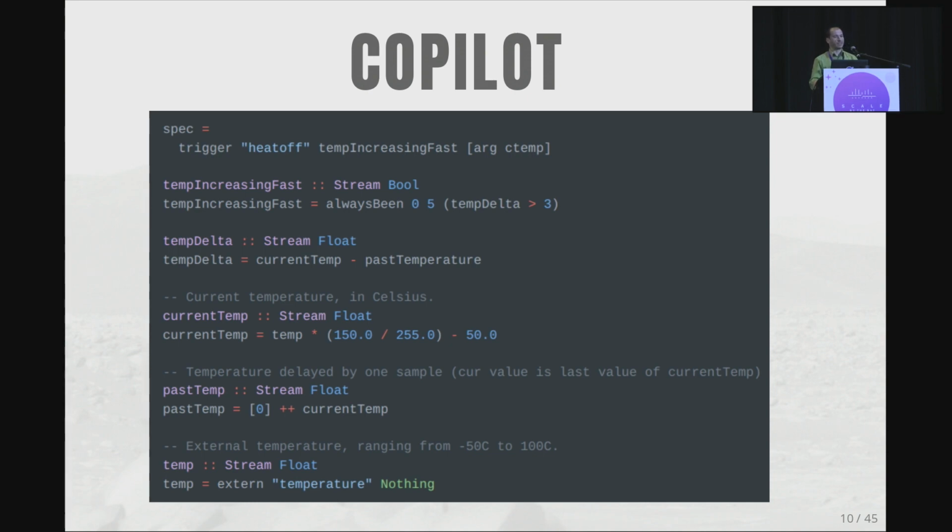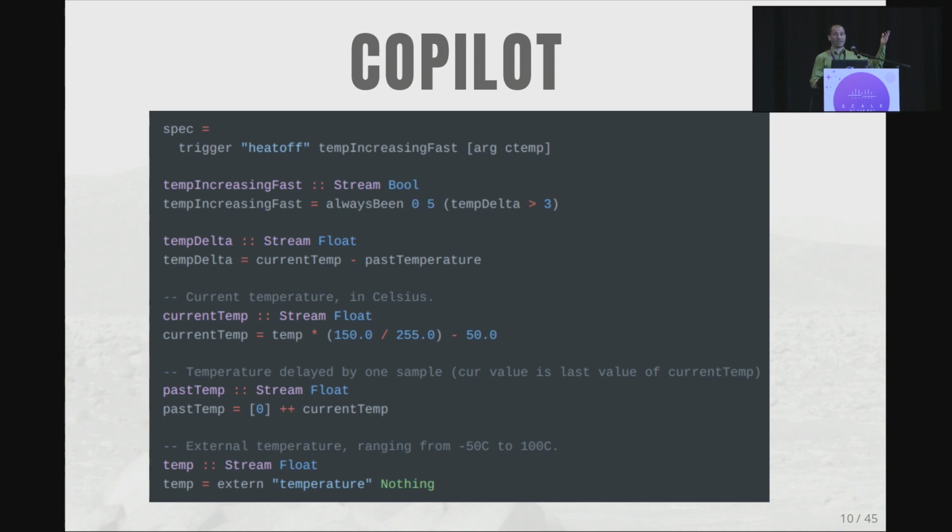You see the temp delta there is the subtraction of 2 streams. You can multiply them by numbers, and that means you just multiply every sample by that number. You can delay streams, put in samples before with that 0 ++ in past temp. That just means prepend the sample to a stream. And you can also get streams from the outside world. And that's the last one at the bottom that says external temperature, and that just means that's a given for us. We don't have to define it.